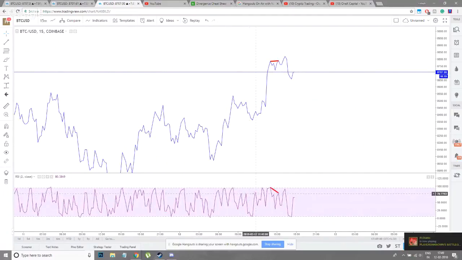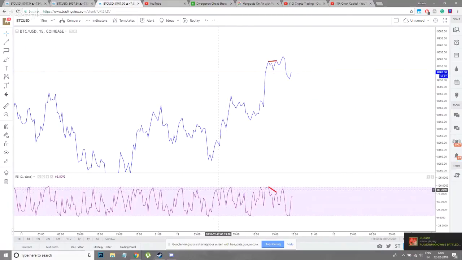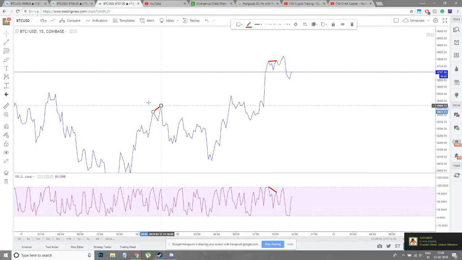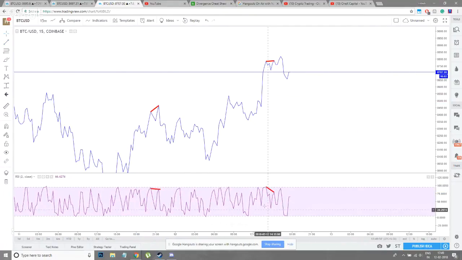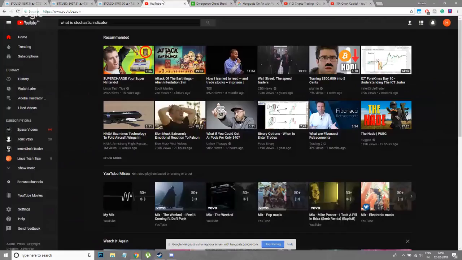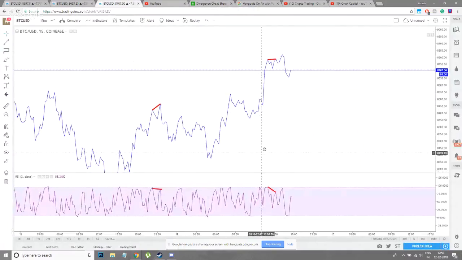These are very powerful as an indicator by themselves. There's one here, if you can see it. Another example of a regular, I believe. Yep, that's a regular bear divergence.